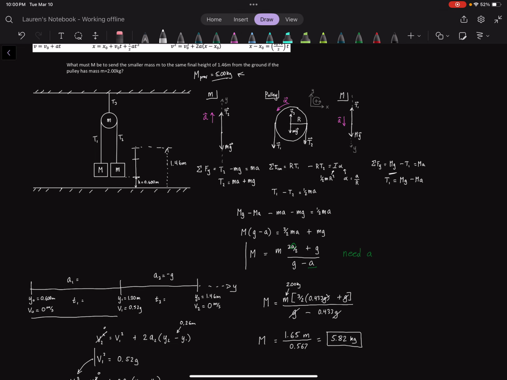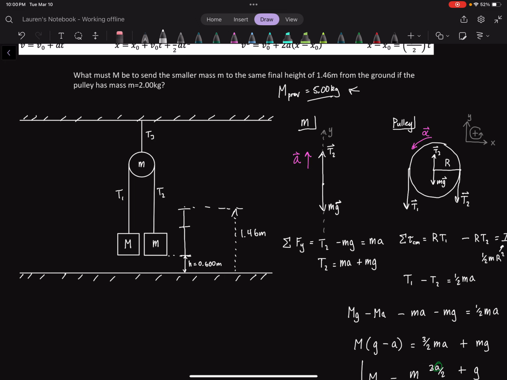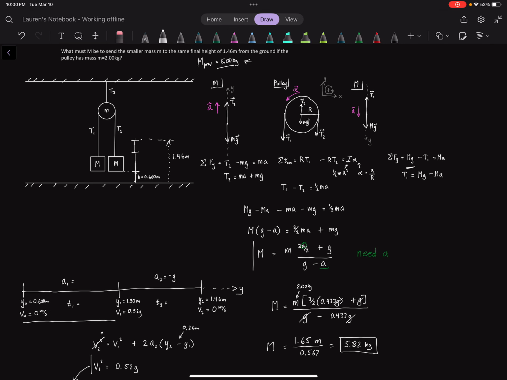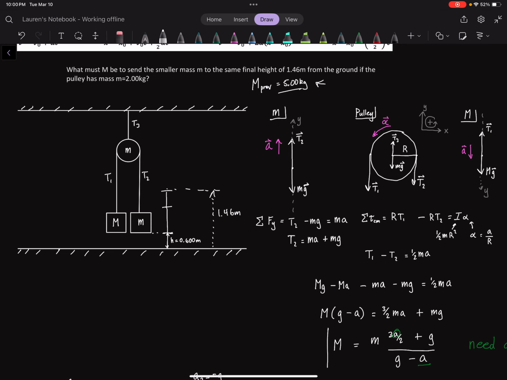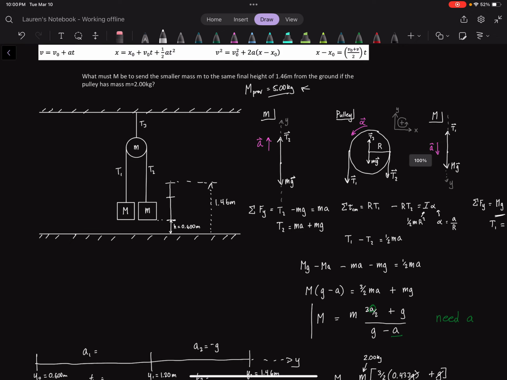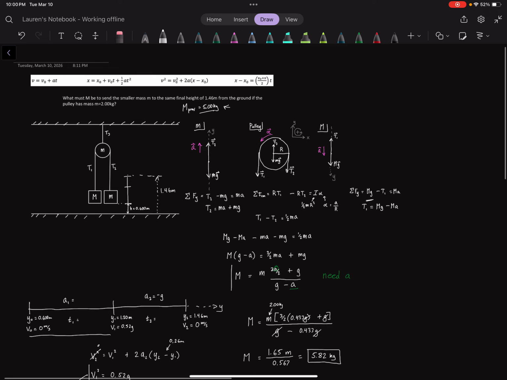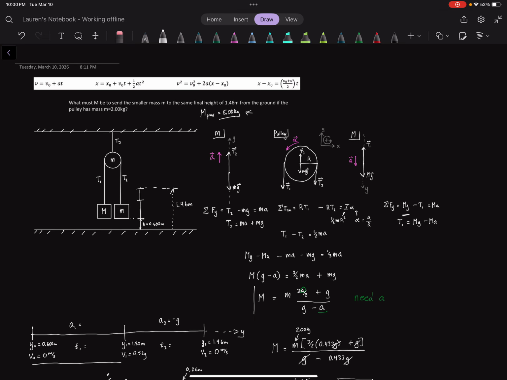It's just a little bit larger, which gives me a lot of confidence that we did that right, because we just gave the pulley 2 kilograms of mass. And so that big M needs to be just 0.82 kilograms heavier to make the same thing happen, but now we're not ignoring the fact that the pulley has mass. So that's kind of neat. Just a little bit more realism to the problem here.